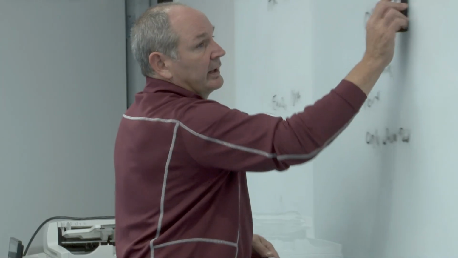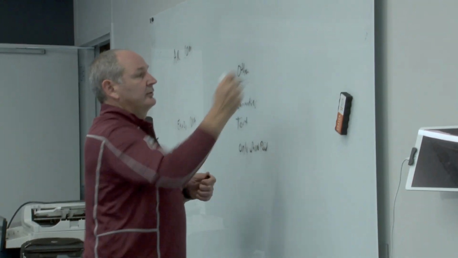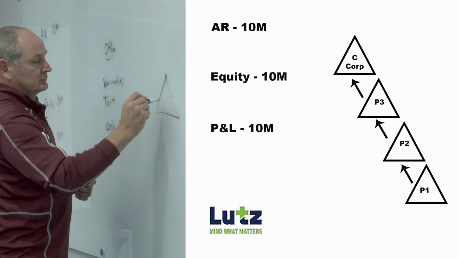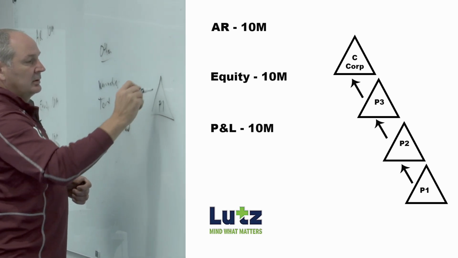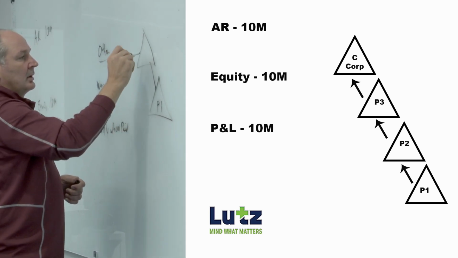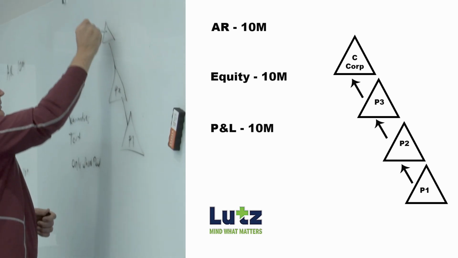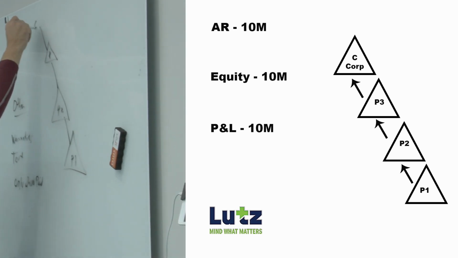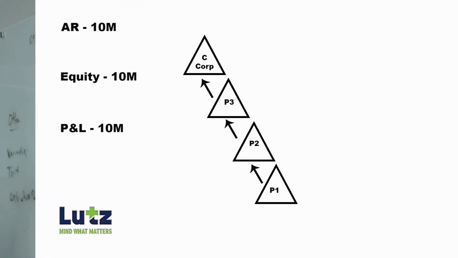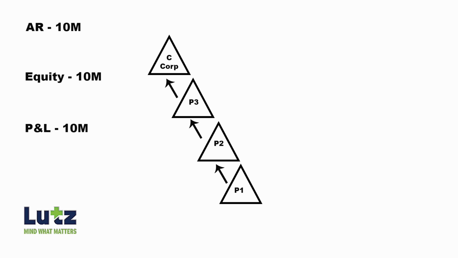And where that's a real pain in the ass is what happens when you have P1, which is owned by P2, which is owned by P3, which is owned by a C Corp. How the hell are you going to know at P1 through that chain that there's a C Corp involved? I hate it. So I just assume it doesn't exist. Somebody's going to have to tell me.